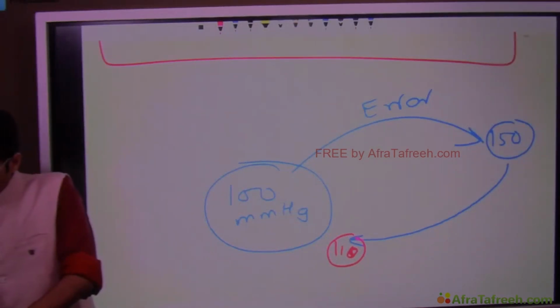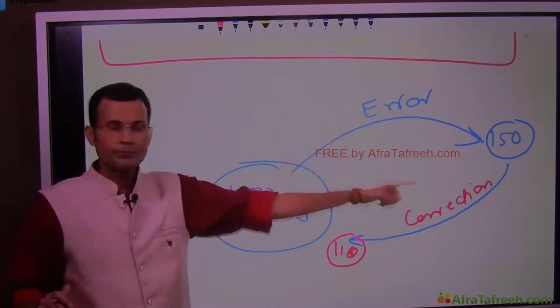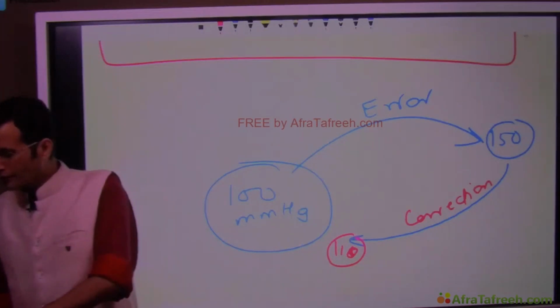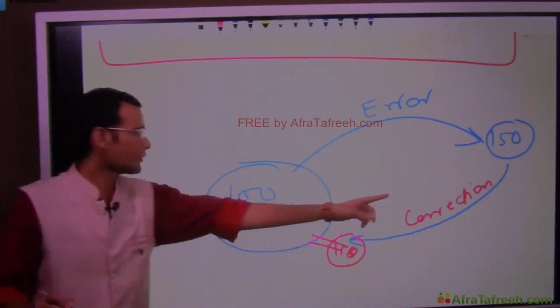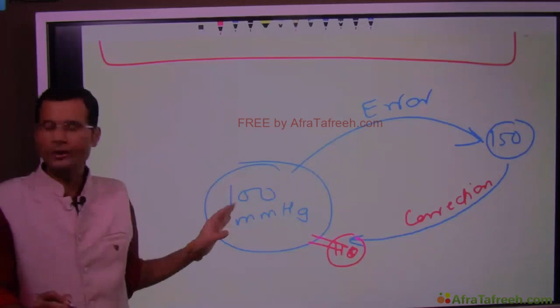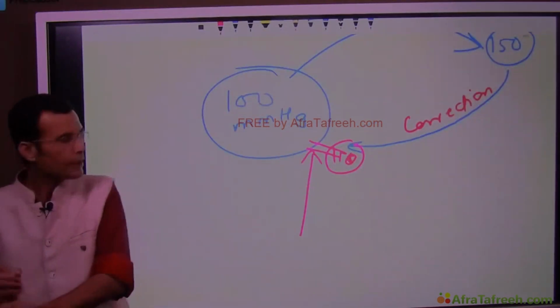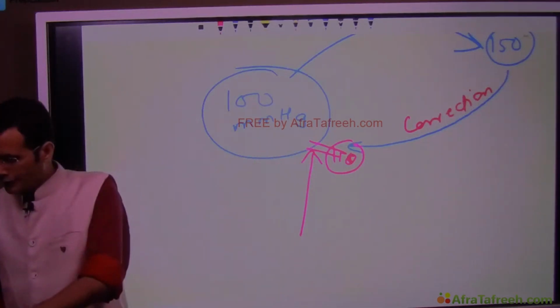So this is the correction that was applied, from 150 back to 110. But as you can see, there is some error still remaining. The value has not gone exactly back to 100. This remaining error is called the residual error.